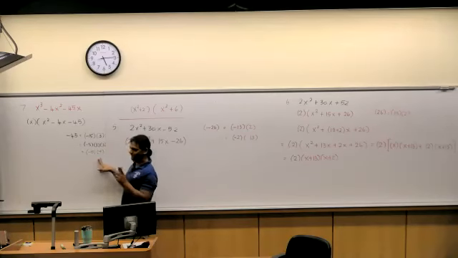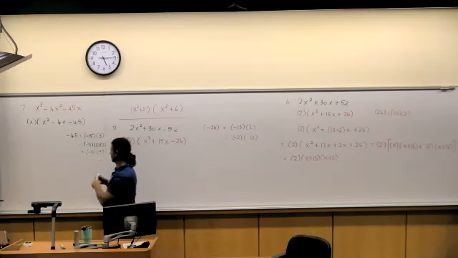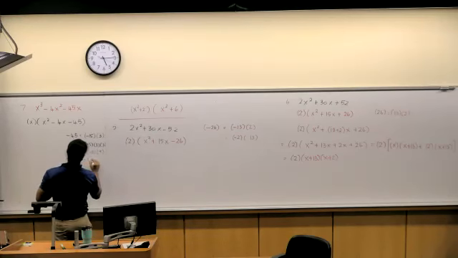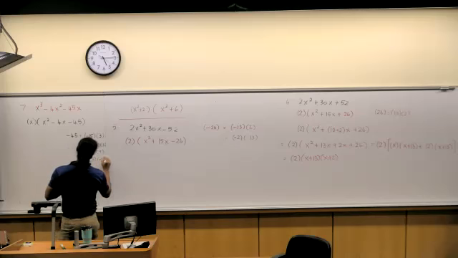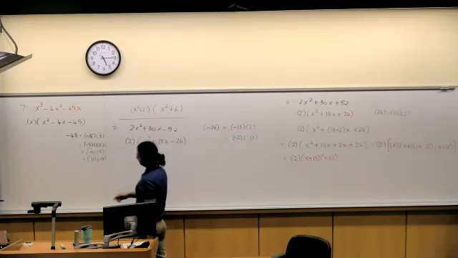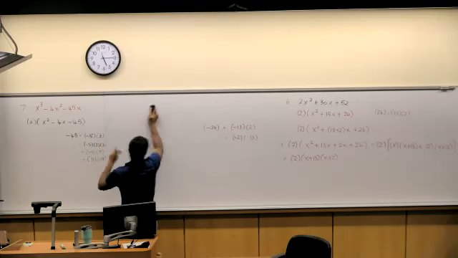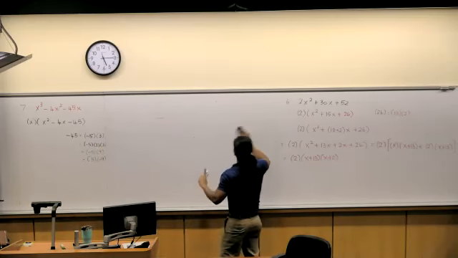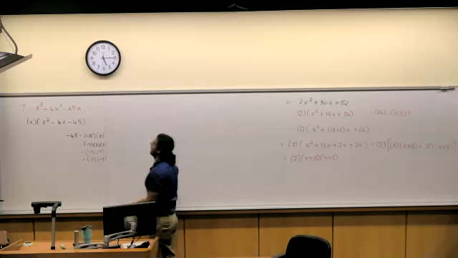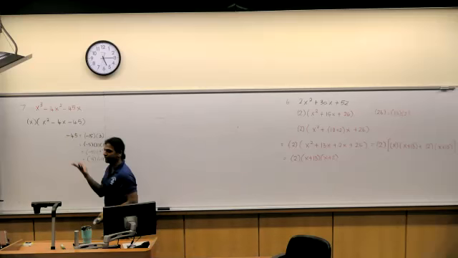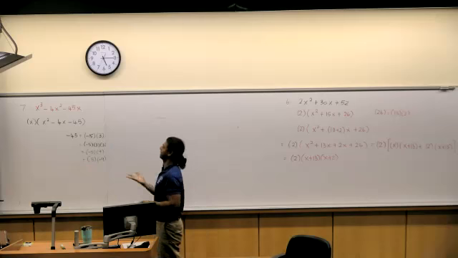But we want negative 4, what should we do? Swap the signs. So 5 and negative 9. With good amount of practice, you will be able to just recognize things right away, but it takes practice.